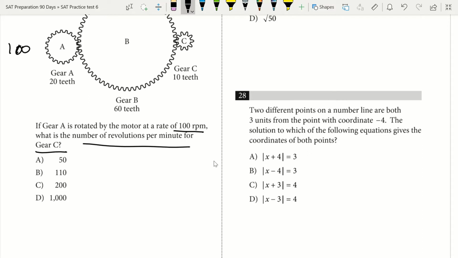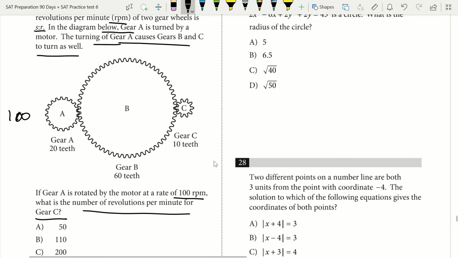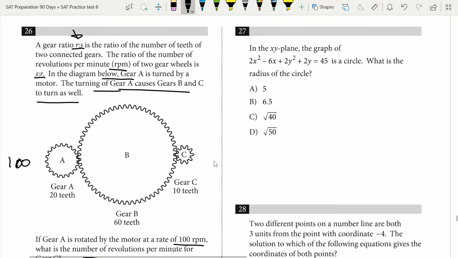Well, if I look at my ratio of teeth from gear A to gear C, I see that that's going to be 20. We have gear ratio RS, the ratio of the number of teeth of 2 connected gears. We'll label this one R, and this one S. R over S is going to be 20 over 10.